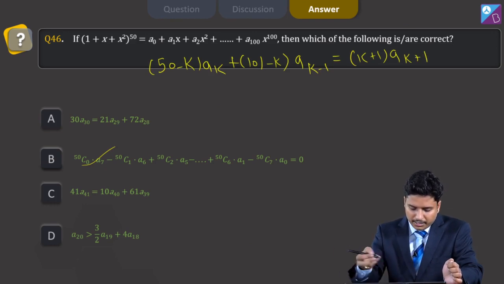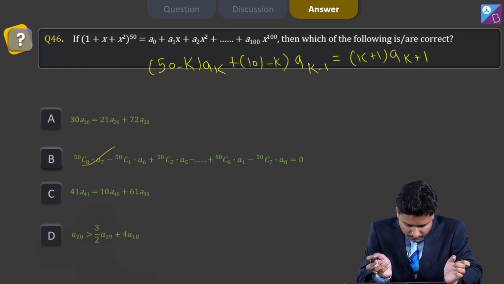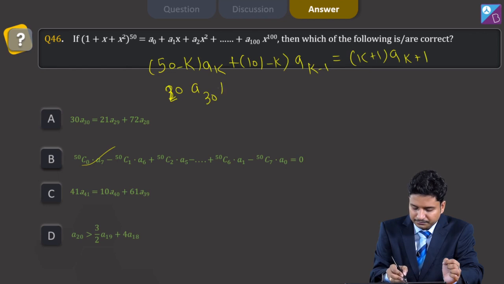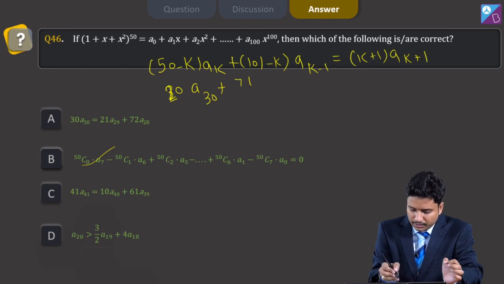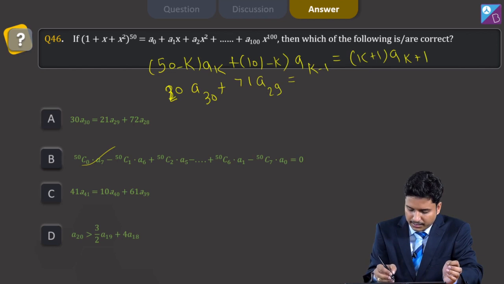So if you are putting here k is equal to 30, or k is equal to 41 is also there, 39 is also there. So suppose k is equal to 30 is put here, 50 minus 30 is actually 20, a30 will be there. Here it will be 101 minus 30, so this will be 71 a29, and is equal to (k+1) a(k+1). So here we will get k plus 1 as 31 a31.